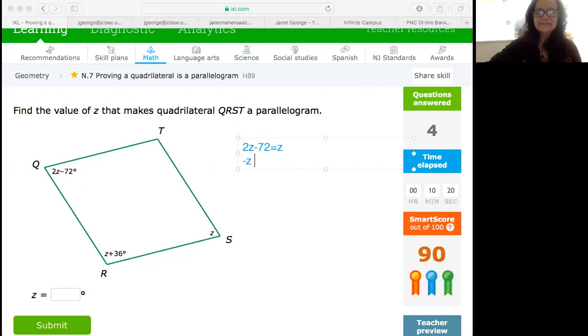So minus z, minus z, and okay, so 2z minus z, you just get z, minus 72 equals z minus z is 0. So you undo subtraction, you add 72 to both sides of the equation, all right?